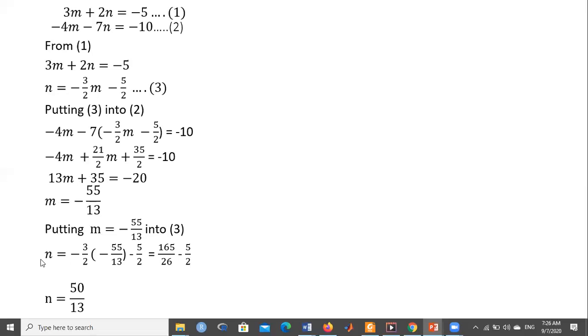So we get n equal to negative 3 over 2 into bracket, this is my m, minus 55 over 13, now minus 5 over 2. When I expand and simplify, I get n equal to 50 over 30. You can go through the process and check everything.